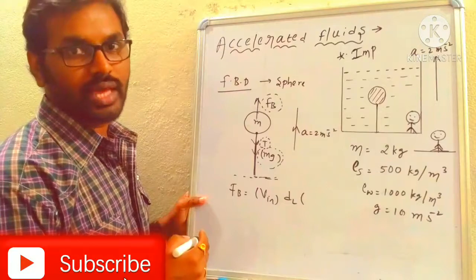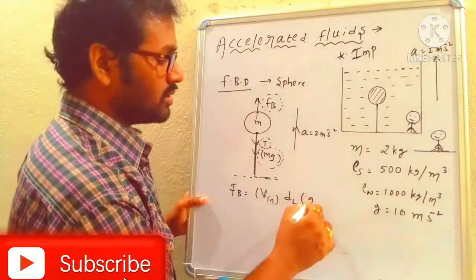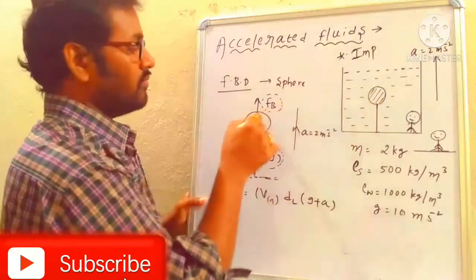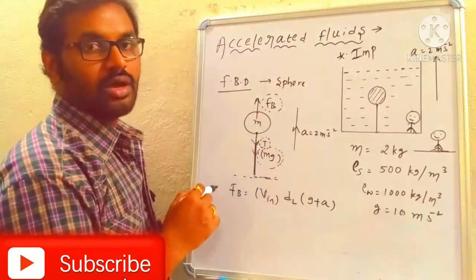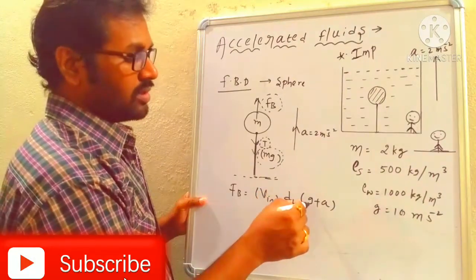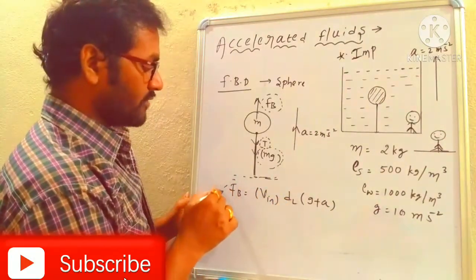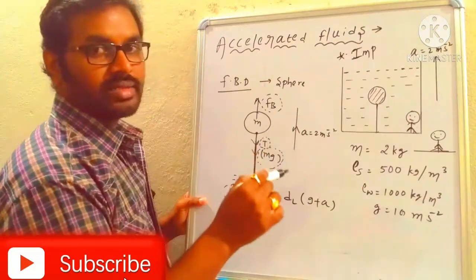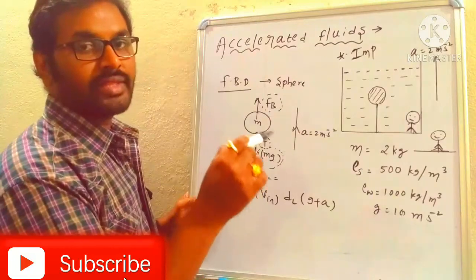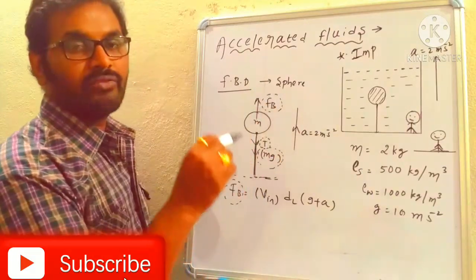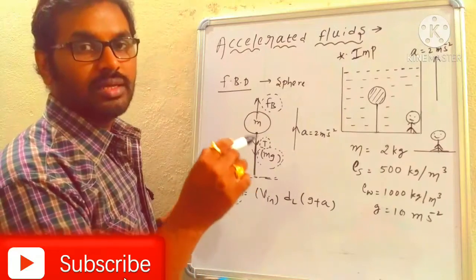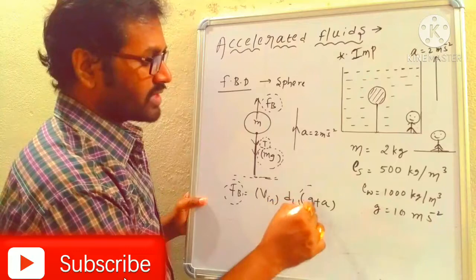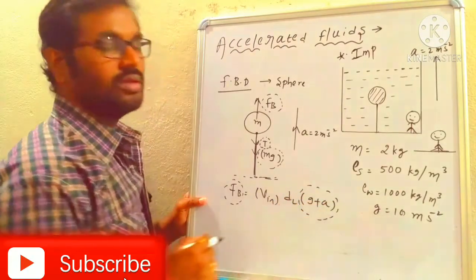We need to take the effective gravity. How much does it come to? g plus a. We need to take g plus a in the buoyancy force equation. So take care while dealing with accelerated fluids. If any object is inside, it will experience the buoyancy force with the effective gravity, which is g plus a.